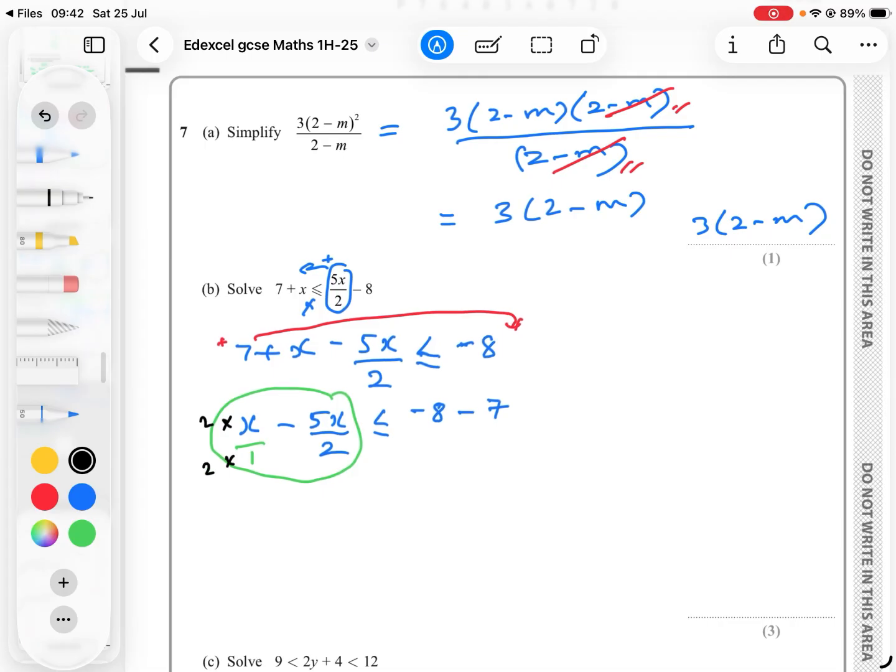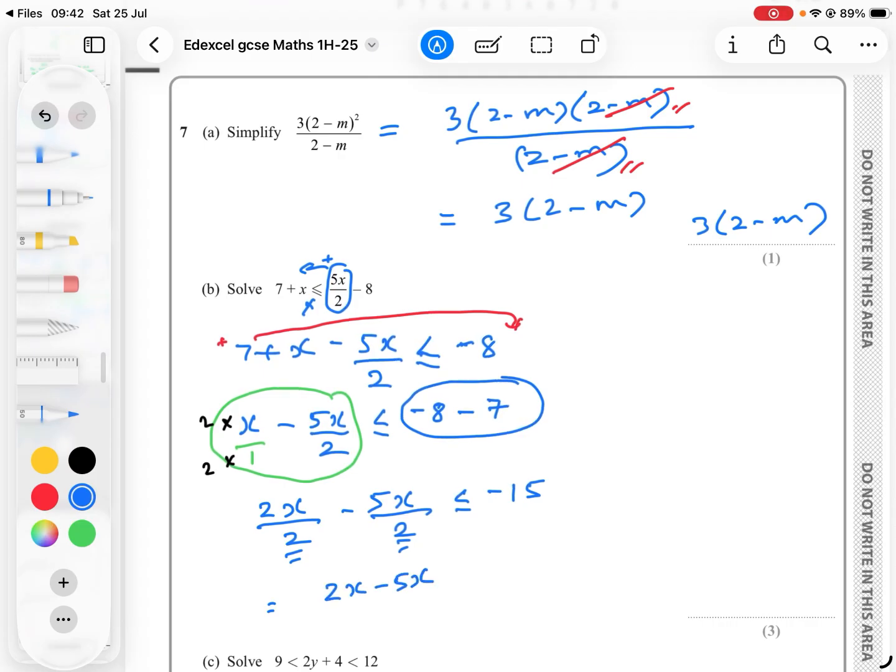So 2x over 2 take away 5x over 2 is less than or equal to minus 8 minus 7, altogether minus 15. The denominators are equal, so you can write 2x take away 5x, divided by 2, less than or equal to minus 15.